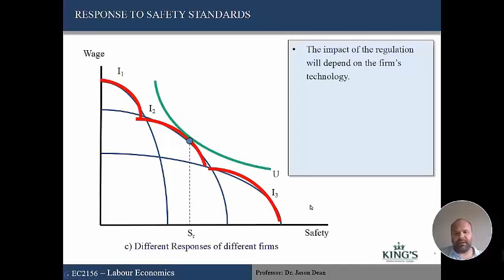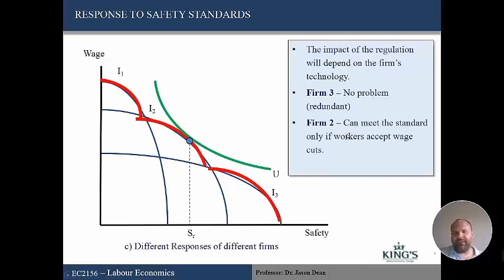Now, if the government came along and said the safety cannot fall below SR, what's going to happen to the different firms? So for firm 3, no problem. Okay, they can offer these wages here and these safety levels, so they have no problem meeting the safety regulation. Firm 2 can meet the standard only if workers accept wage cuts.